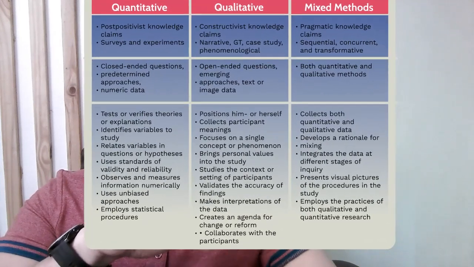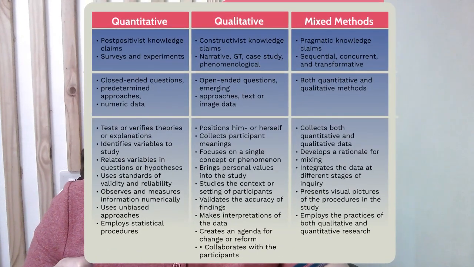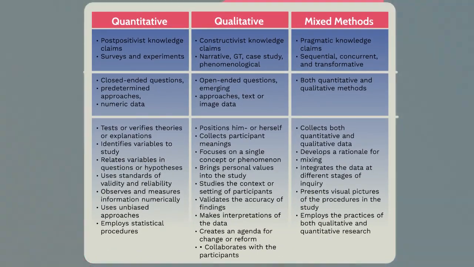Here, you can find differences that might help you decide which way to go. So this table shows how each of these three approaches is used in the lessons that will follow.